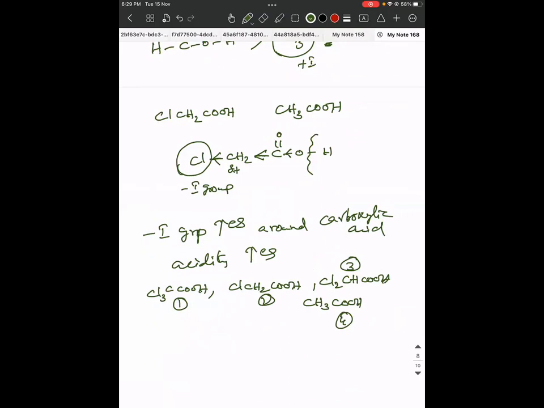Trichloroacetic acid will be the strongest. Why? Three chlorine atoms, so there will be a very big effect. That's why it becomes very good. Then it will give you H plus ion very easily. Then next, dichloroacetic acid, because two chlorines.